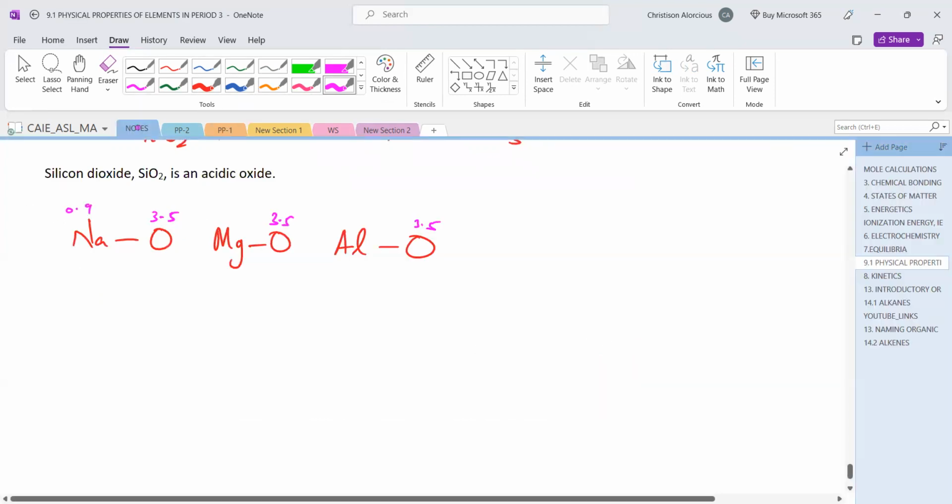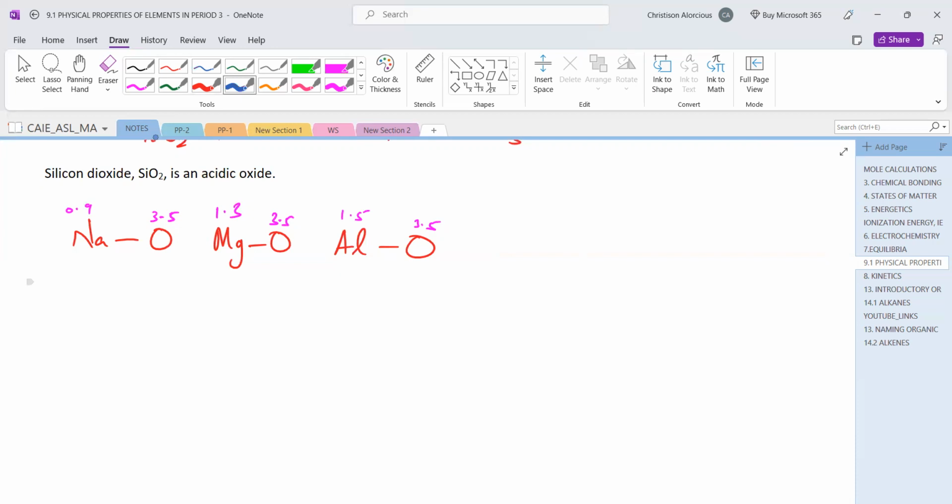So you find that the electronegativity of the metals keeps increasing as we move across the period, but the difference in electronegativity decreases. And we know that the difference in electronegativity must be pretty high for a bond to be ionic.